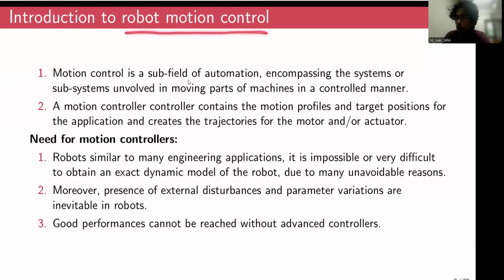So let's have a brief overview of motion control, why we need motion control, and what is it that we are expecting from motion control. So to put it simply, motion control is a subfield of automation encompassing the systems or subsystems involved. It's supposed to be involved in moving parts of machine in a controlled manner. So it's essentially an integral part of automation, which encompasses subsystems.